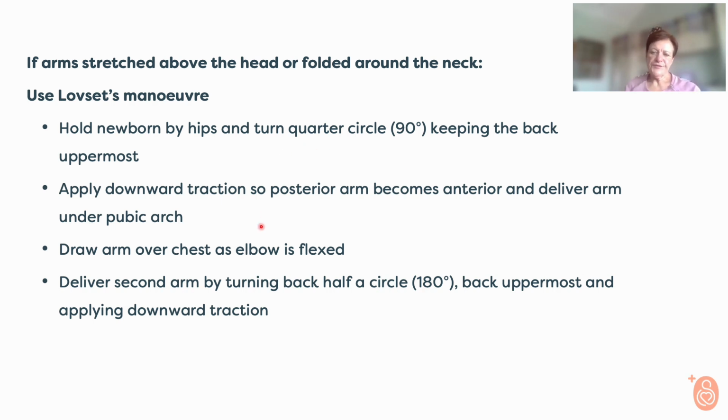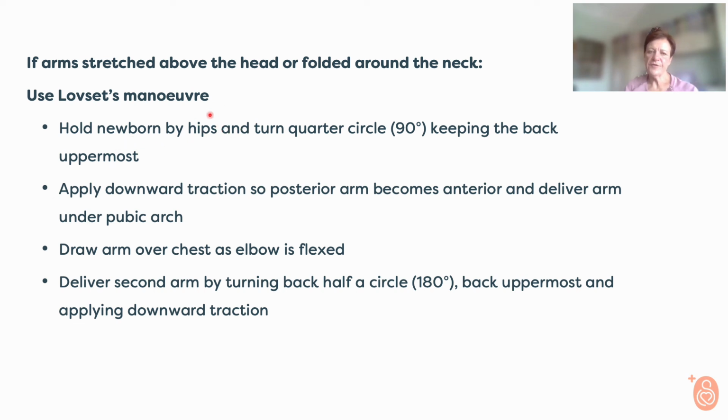Now, our biggest fear is when the arms are stretched above the head or folded around the neck, and we use the so-called Lovset maneuver, again named after somebody who invented the maneuver. What we do is we literally turn the baby out. We hold the baby by its hips.